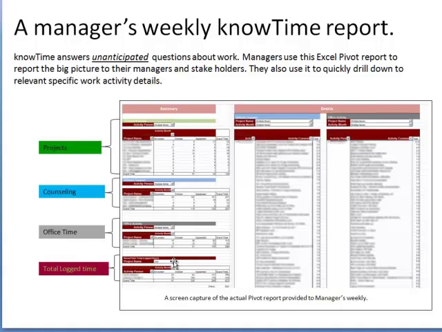In this particular situation, the customer wanted to look at projects. They had a fair amount of day-to-day counseling with their client, and then they had their internal office time, which was training, vacation, holiday, those types of internally focused meetings and division meetings, manager meetings, things like that.